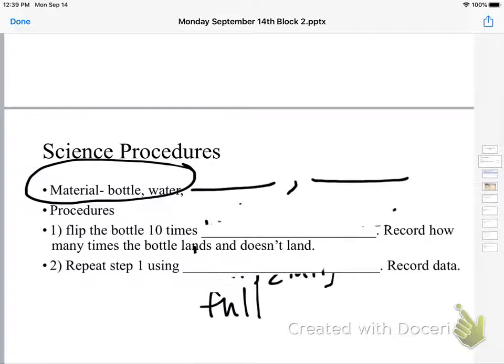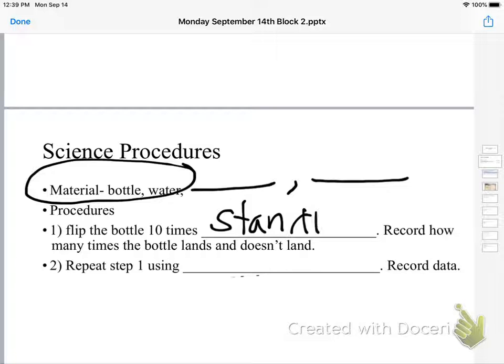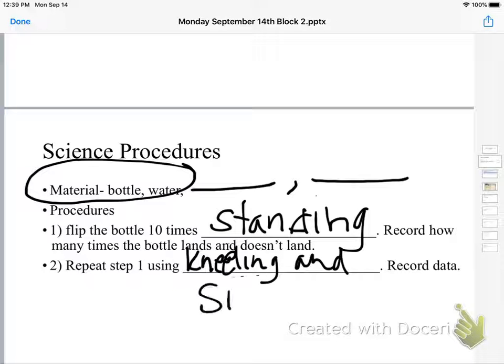But let's say that you chose your independent variable as being the position in which you are. So for instance, flip the bottle 10 times standing might be your first one. And then repeat step 1 using kneeling, and sitting, and record the data.